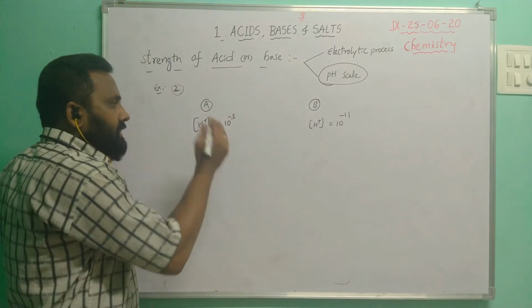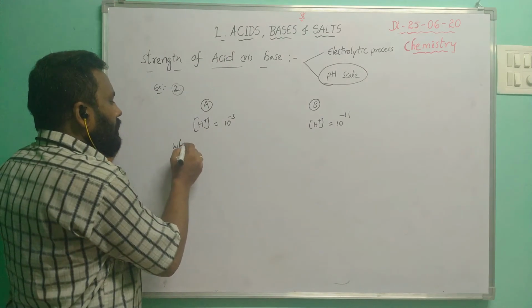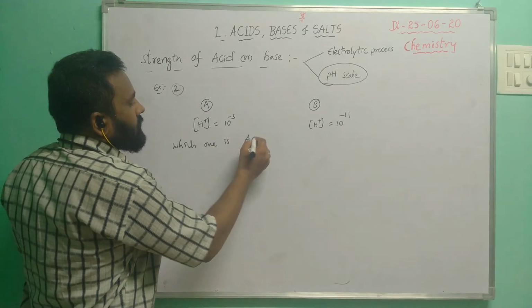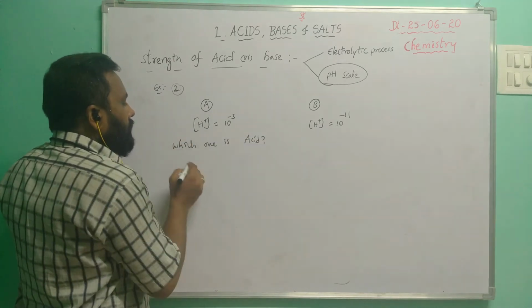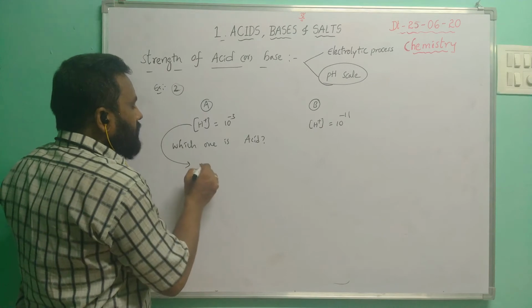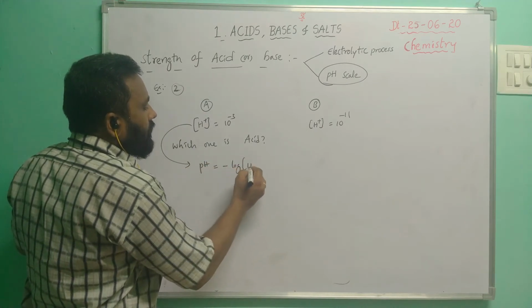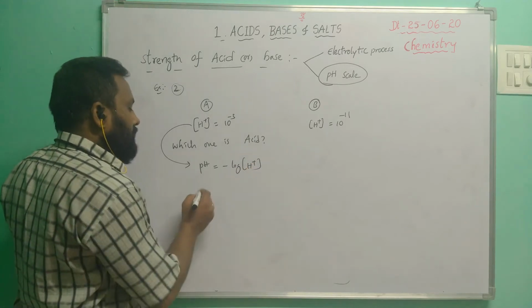Which one is the acid? pH equals negative logarithm of H plus ion concentration.